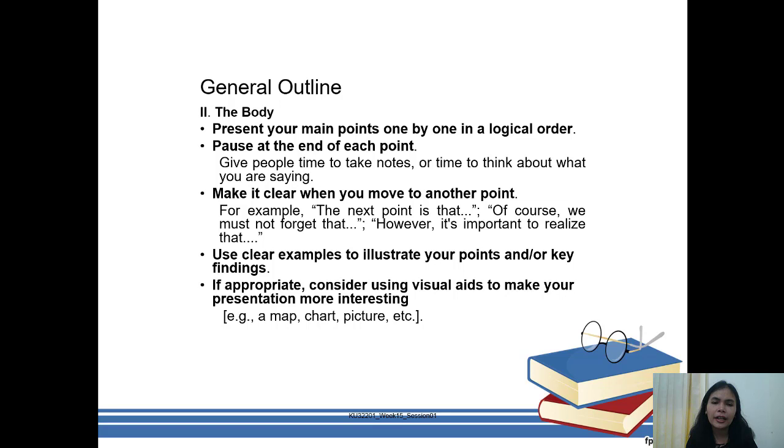And the other thing is that when you're using visual aids, make sure that you don't focus too much on the aids, but what is more important is your delivery, the way you say what is in the picture or what is in the chart or what is in the map. Those are several things that you need to know in the body part.